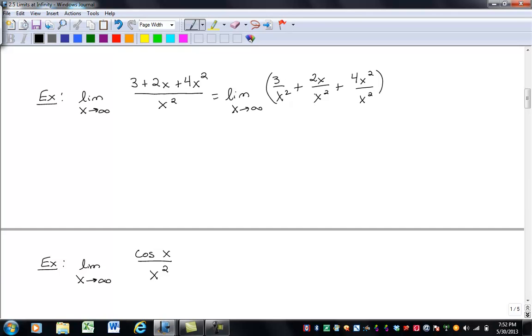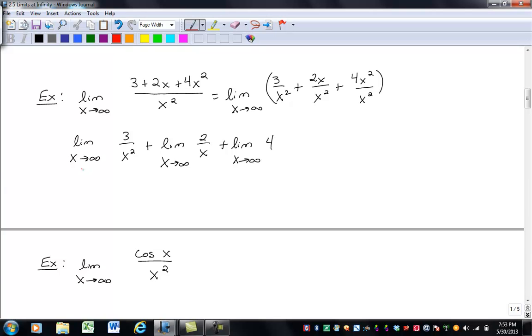And I can simplify this if I want. This is the same thing as the limit as x goes to infinity of 3 over x squared plus, I can break the limit up by the plus and minus signs, I can cancel an x here. 2x over x squared is the same thing as 2 over x. And that last one, when I cancel the x squareds, I just get a 4.